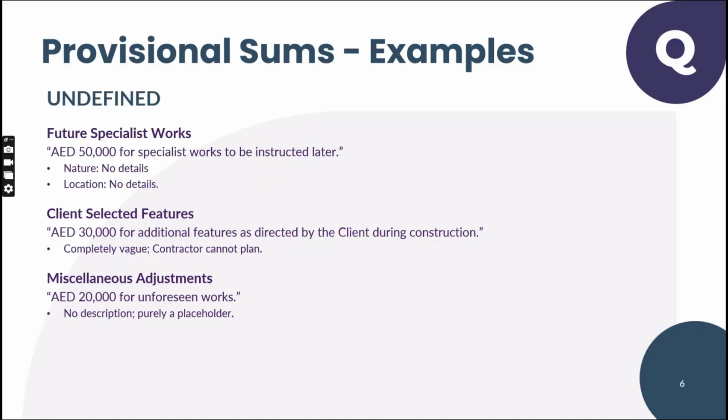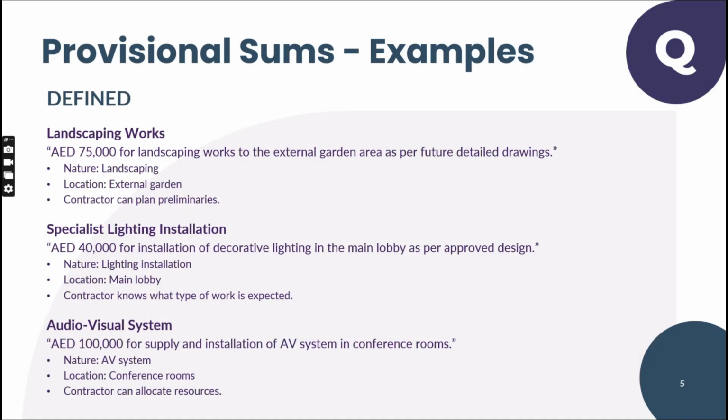That's it. If you get only this information, you don't know the nature, you don't know the location, so you cannot plan the work, or consider elements for the prelims. In the previous example, you knew exactly the type of work, landscaping.